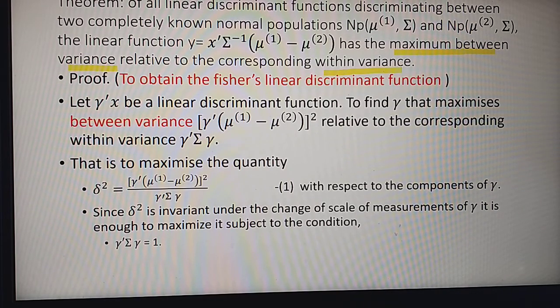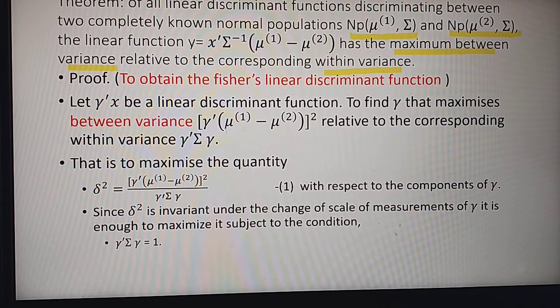Okay, so this linear function is nothing but Fisher's linear discriminant function for discriminating between the two populations.